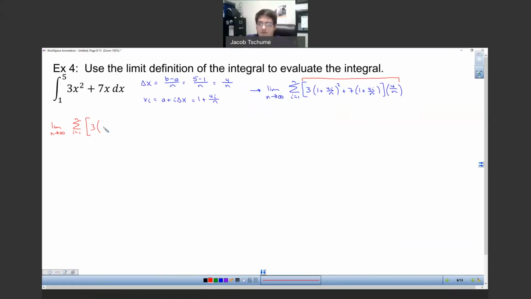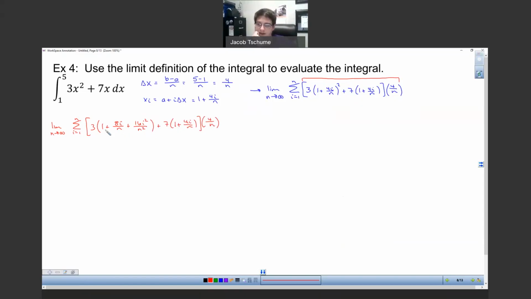Y'all should all know how to FOIL. So if I FOIL this, it should be 1 plus 8i over n plus 16i squared over n squared, plus 7 times (1 plus 4i over n), all of that times 4 over n.